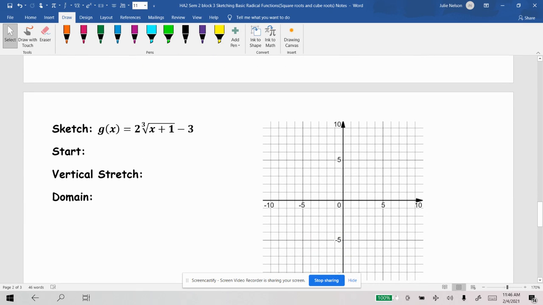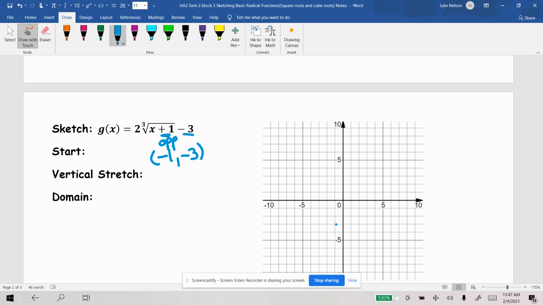So one more, again, we're just trying to get that basic idea so that we could, one, complete our homework, but two, kind of hit the ground running next time we see each other. Where is our starting point on this one? That's g of x equals 2 times the cube root of x plus 1 minus 3. It is always the opposite of the inside, which in this case will be negative 1. Keep the outside, which is negative 3.